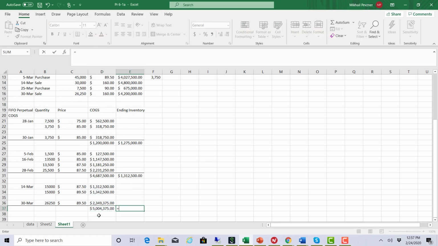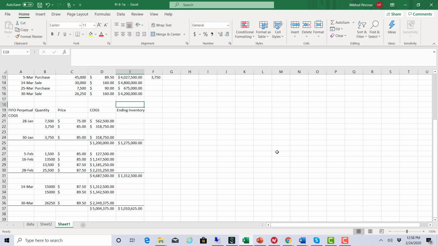What I have left is 3,750 at 89.50, plus this additional purchase which we didn't touch. So the ending inventory is 1,010,625. This is the cost of sales and ending inventory calculation.